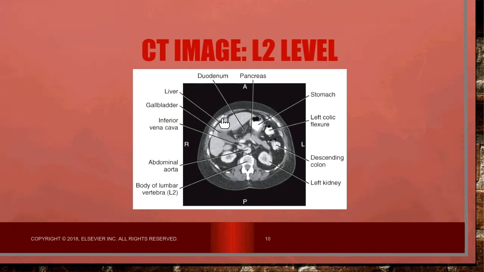So you can still make out that the liver is here, but notice now you can start to see the kidneys coming into play. You can see the inferior vena cava, and the gallbladder is visualized. Now, would I expect you to pull all of these out? No, but the first things you typically want to look for are, are you still visualizing ribs? Can you make out where the liver is?